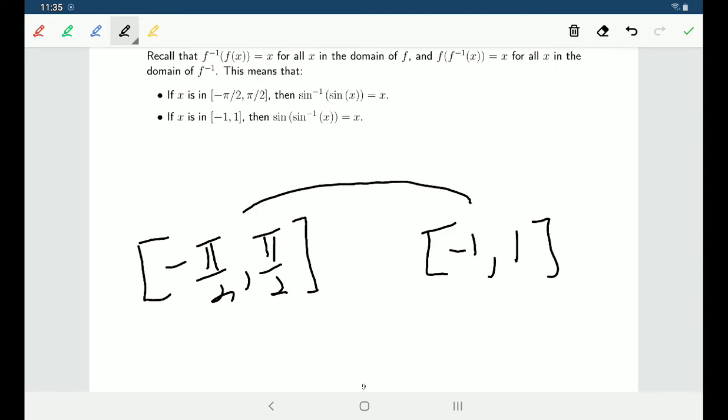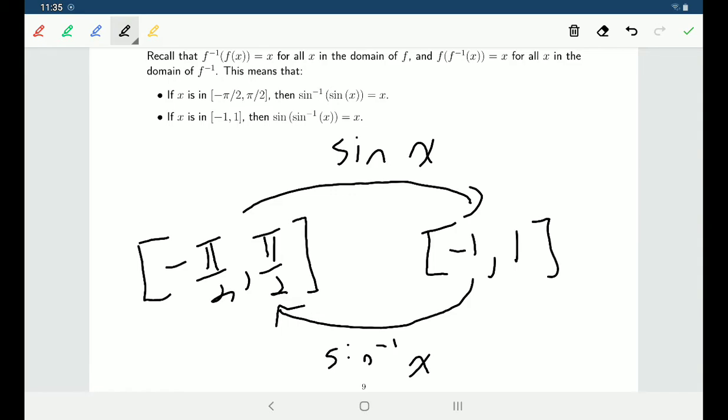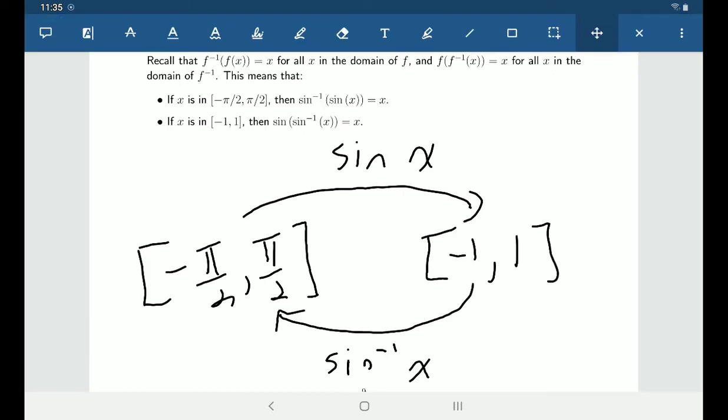So sine of x takes an input that's an angle in that restricted domain and gives me an output between negative 1 and 1. And sine inverse takes something between negative 1 and 1 and gives me an output that's an angle between negative pi over 2 and pi over 2.